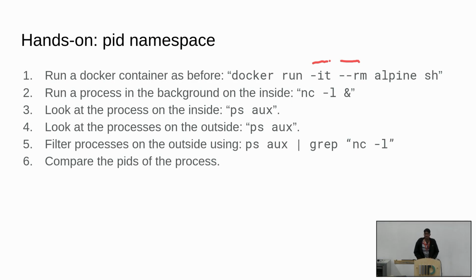Are people able to see the difference in ps aux output? Are you able to see the same process in both places? Why is that? Can you guess? We put the process inside a container and we wanted to isolate it, but now we are able to see it in both places. So essentially the reason is you're running it on the host, right?